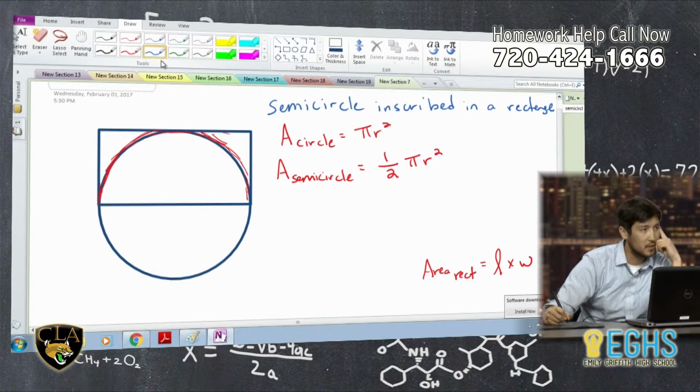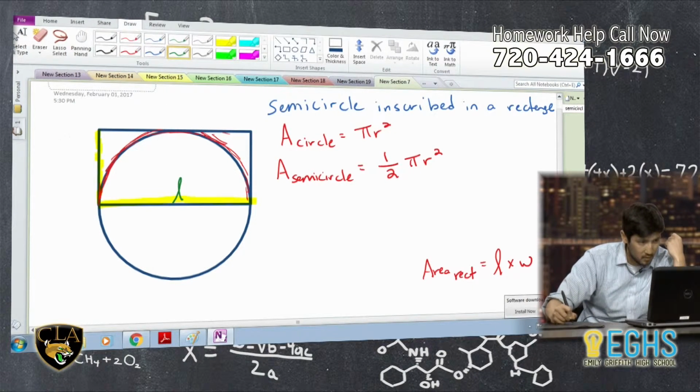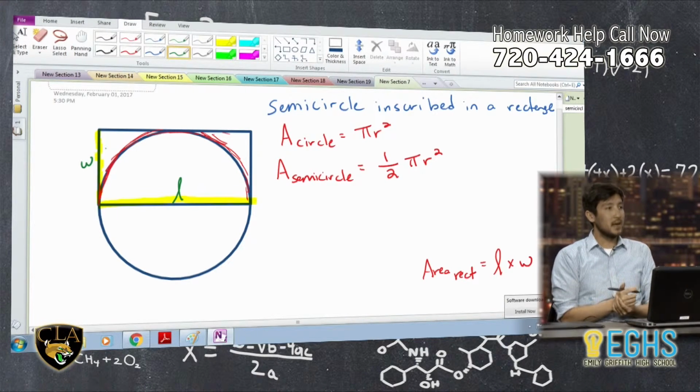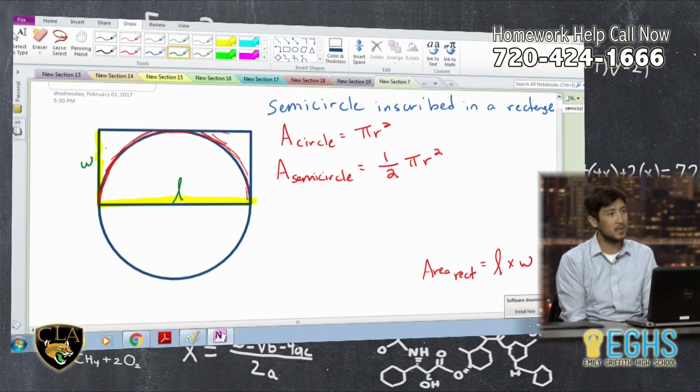Now, looking at this figure, I want to ultimately find the area of the rectangle. So I ask, what do I need? I need the length and I need the width. Then I have to ask myself, how do I find these things? I'm going to put this in green so it's clear that it's the length and the width of the rectangle. I didn't even read this part: the diameter of the semicircle coincides with the length of the rectangle, and that's pretty important.